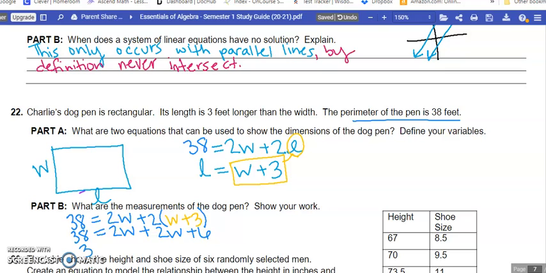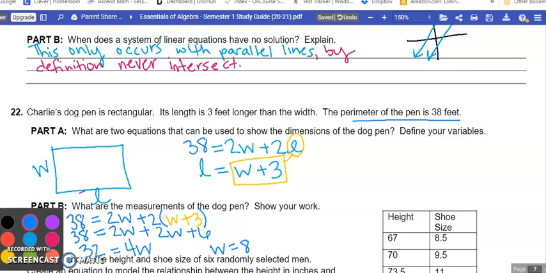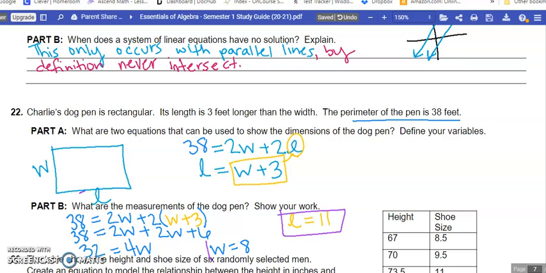So subtract 6 is 32, add my W's is 4W, divide by 4, W is 8. So if W is 8, 8 plus 3 should give me the length. So then back to my length is 11. So we have our two answers, length, width.